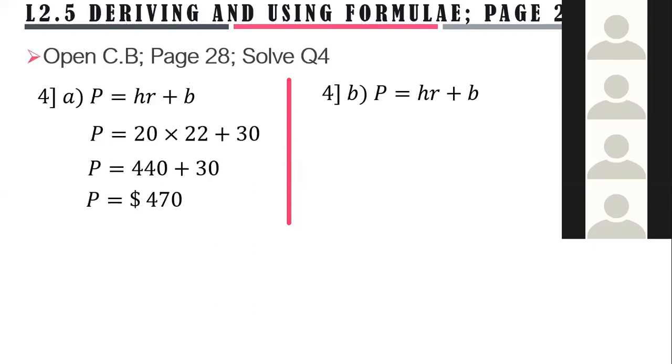And the bonus, the B, is the 50. Excellent job. So now what will you do first? 32 times 20, which is 640, plus 50, which is 690. Thank you very much, Adnan.